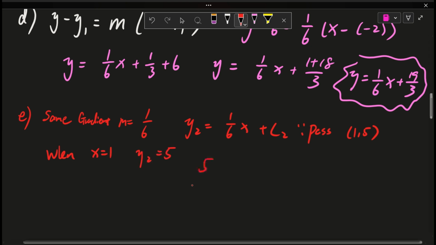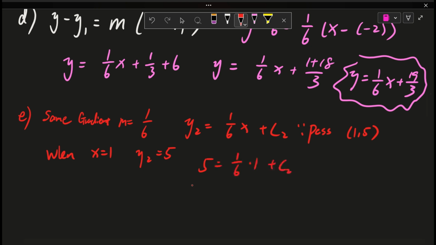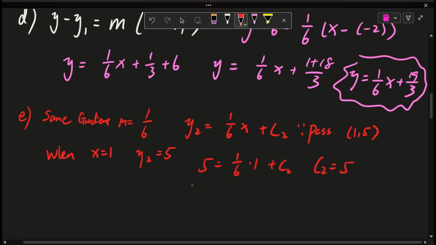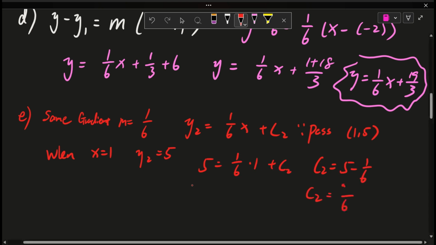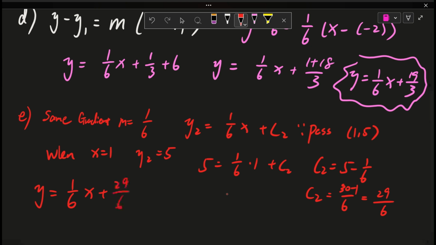So 5 equals 1 over 6 times 1 plus c2, and c2 equals 5 minus 1 over 6. So c2 equals 30 minus 1, which is 29, because I changed to the same fractions as the bottom. So y equals 1 over 6x plus 29 over 6.